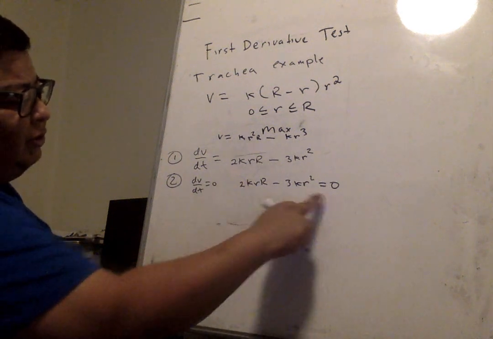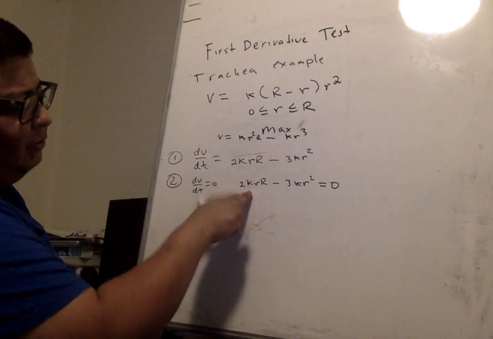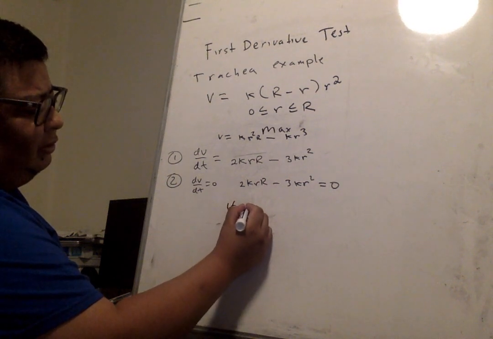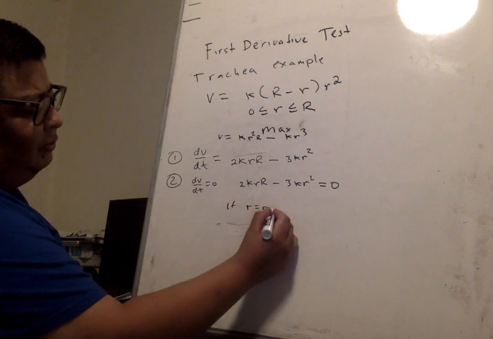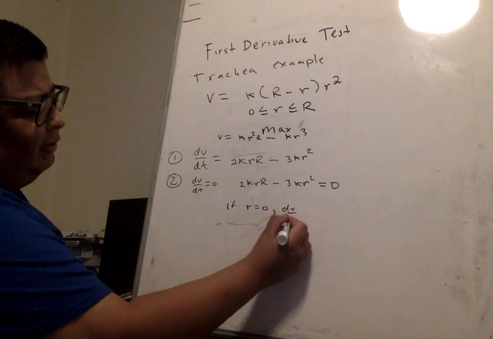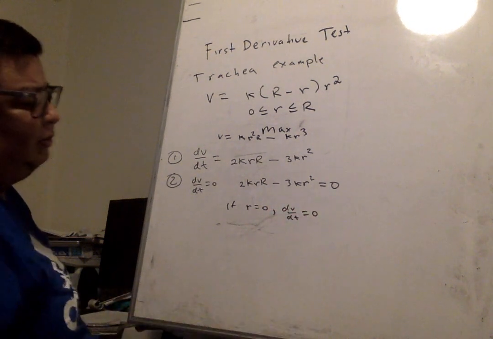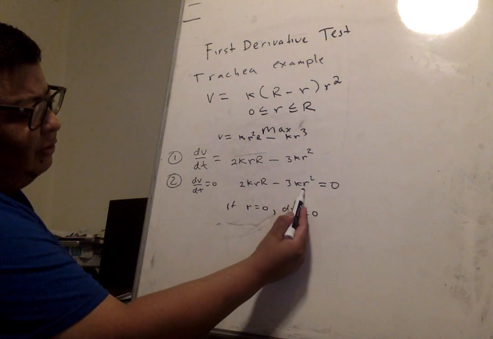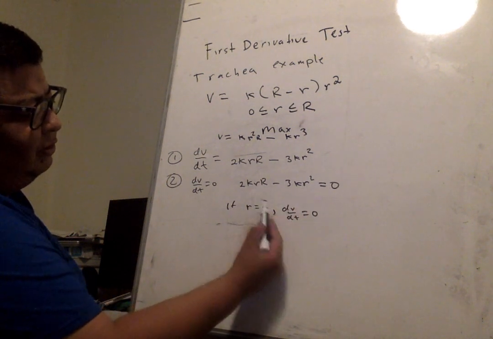So when do you think this is 0? Well, if I plug in 0 here, this will be 0. So if r equals 0, then dv/dt equals 0. Because look, I plug in 0 here, that's another 0. So 0 minus 0 is 0.